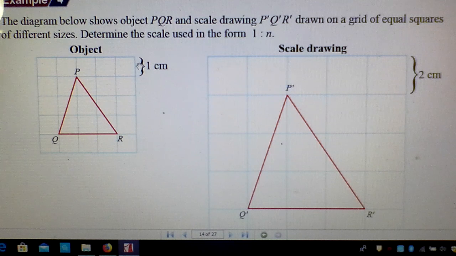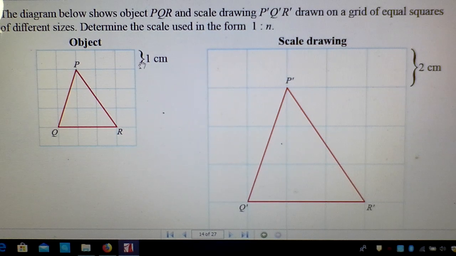Example 4. Let's say they give you the size of the grid as 1 cm. The diagram below shows object PQR and scale drawing P prime, Q prime, R prime drawn on grids of equal squares of different sizes. Determine the scale used in the form of 1 to n. Same thing, right?